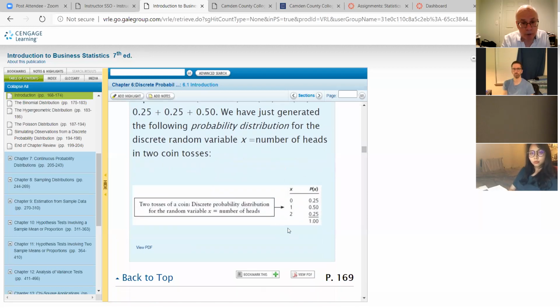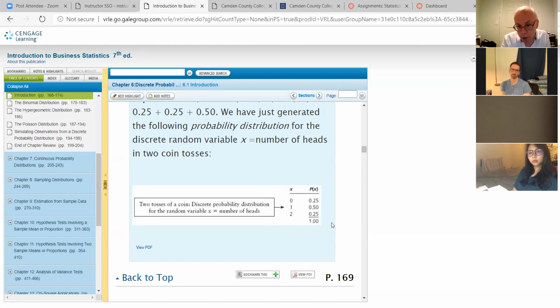So here is one way of displaying a probability distribution, where it's displayed vertically. You can display this horizontally or vertically, where you have your listing for X, and then P of X is the probability of that event, or that value of the random variable.